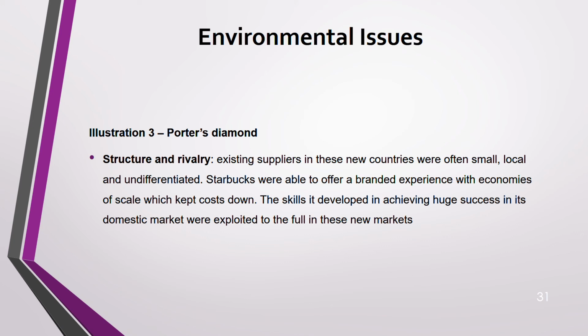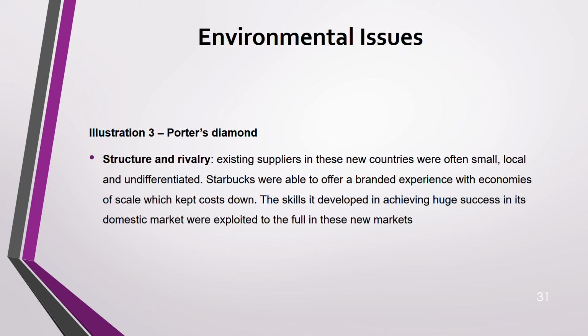The skills it developed in achieving huge success in its domestic market were exploited in full. The same skills they have replicated in the overseas market. So their cost is down. They have got the economies of scale by giving them a branded experience also in those countries. That was their structure, basically.